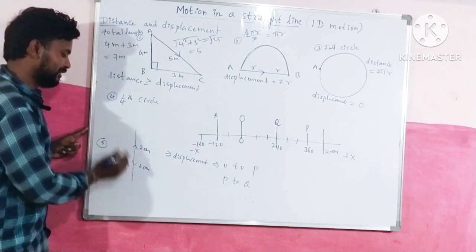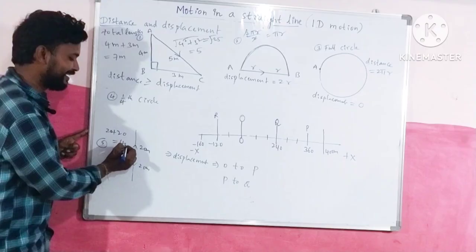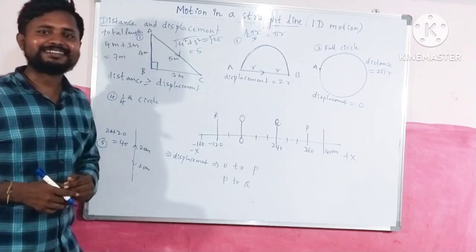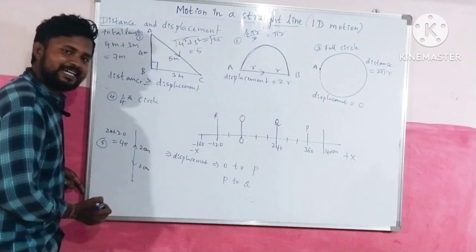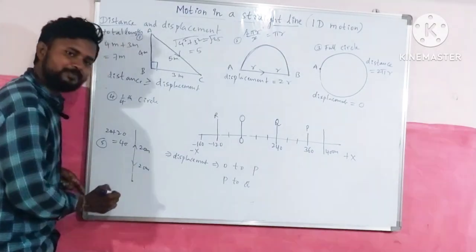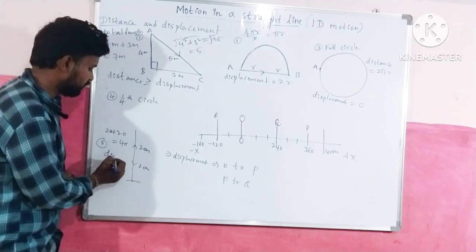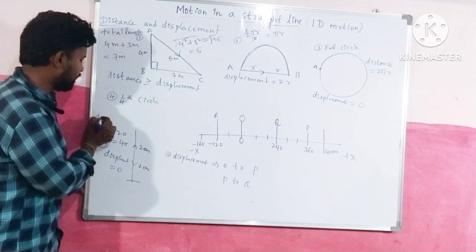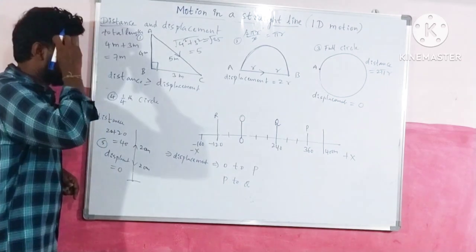Distance is the total length, 20 plus 20, so distance is 40 meters. Displacement: the starting position and final position are the same, so displacement is 0. Displacement is 0, distance is 40.